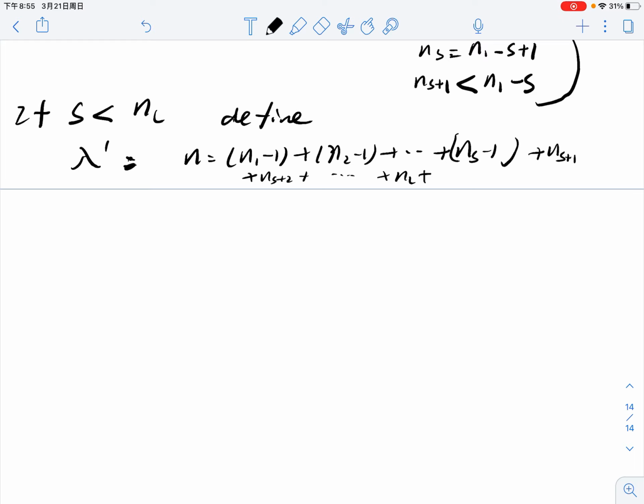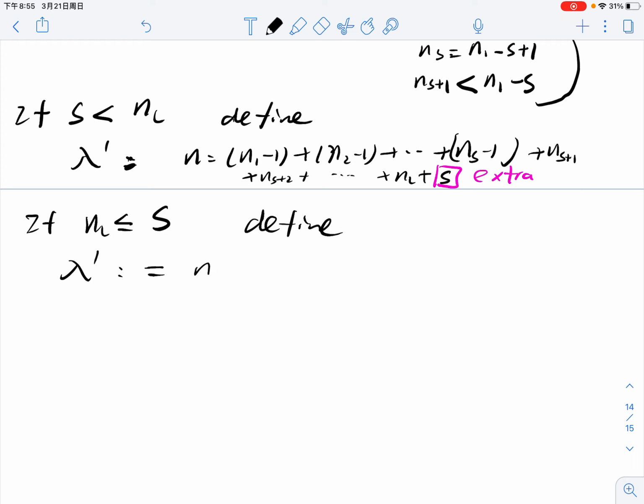So this is an actual. And if nl is less than or equal to s, define lambda prime to be a partition. So here, now each one is increased.